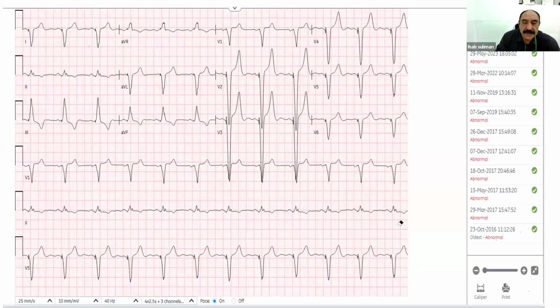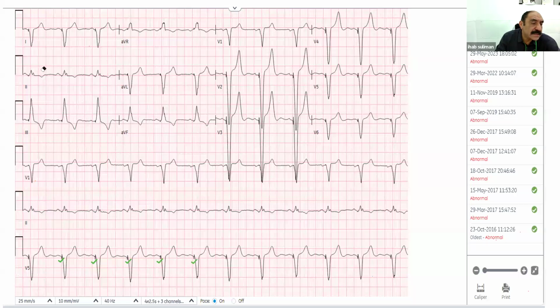So I'm not sure whether people got it. Somebody suggested hyperkalemia. Okay, what else could be the cause? I would like you to concentrate on what I am pointing to.